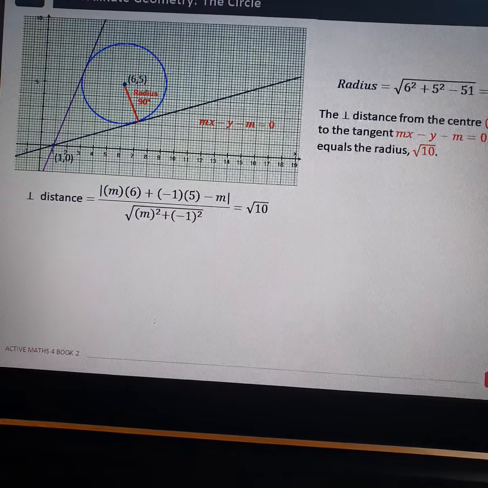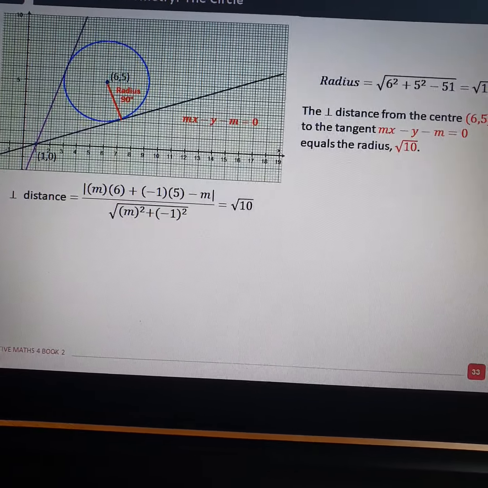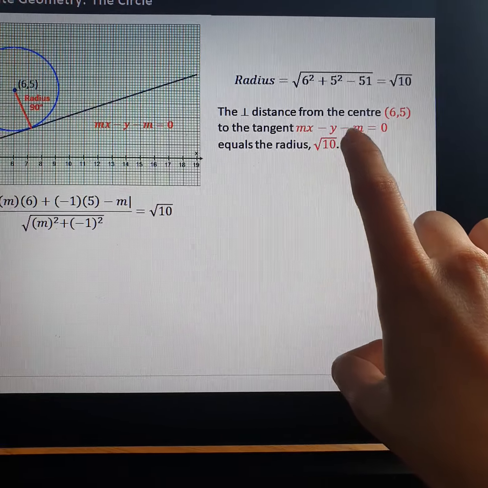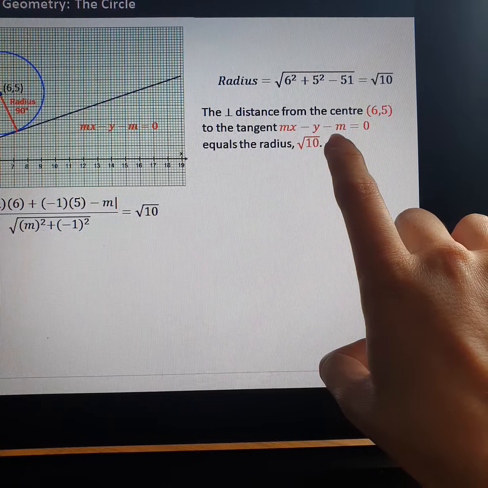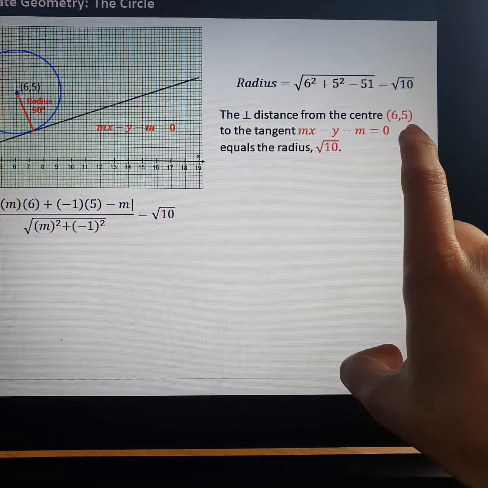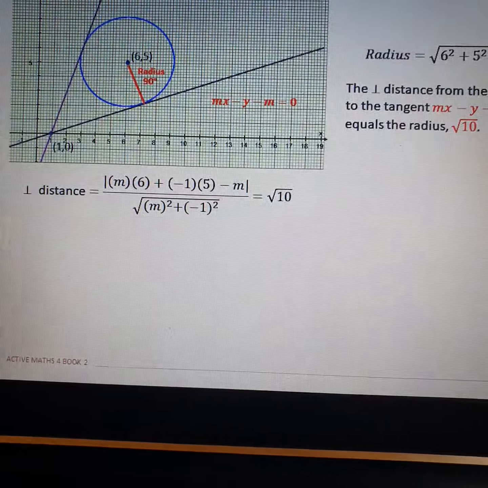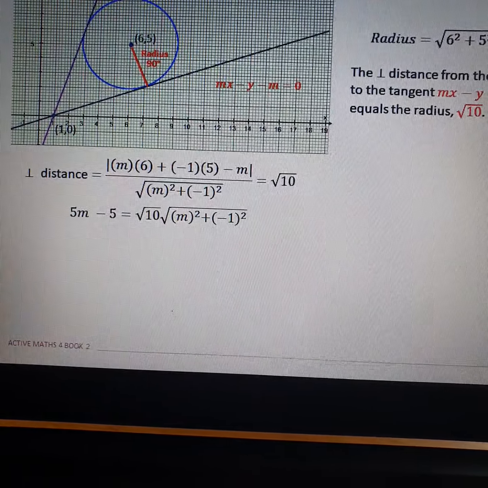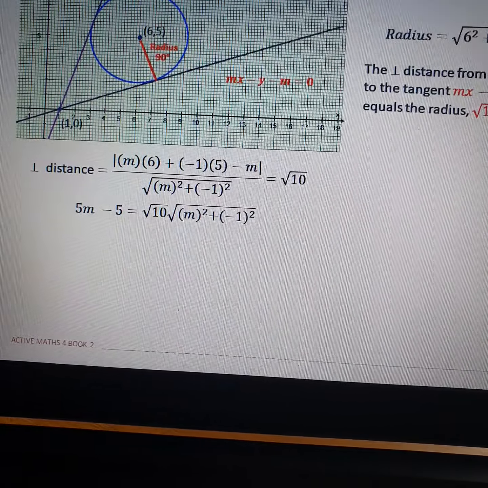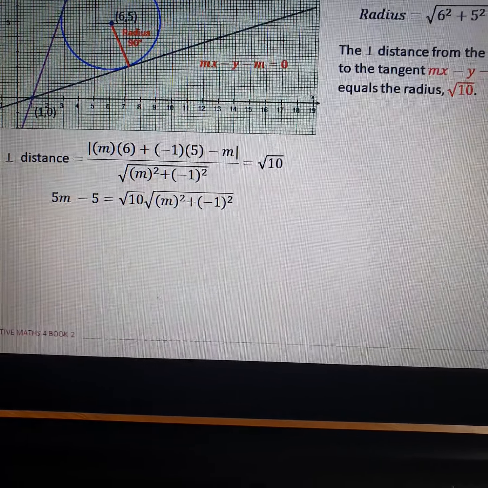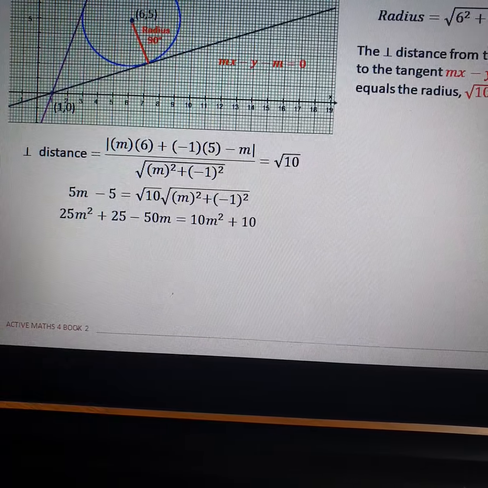So perpendicular distance, write down your formula first of all. You have your a to be m, you have your b to be minus 1, you have your c to be minus m. You have x1 to be 6, you have y1 to be 5. Fill that in and you know that it's going to equal root 10. So just take your time, multiply it out, get rid of your modulus. Remember the modulus, you're always taking the positive value, you're squaring if you want to get rid of the square roots.